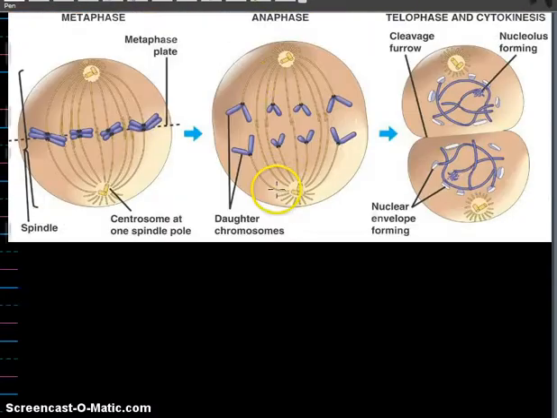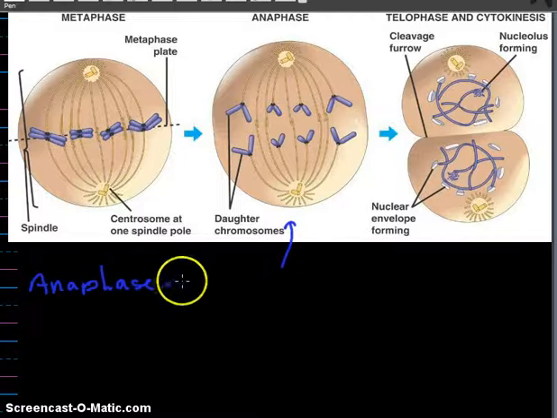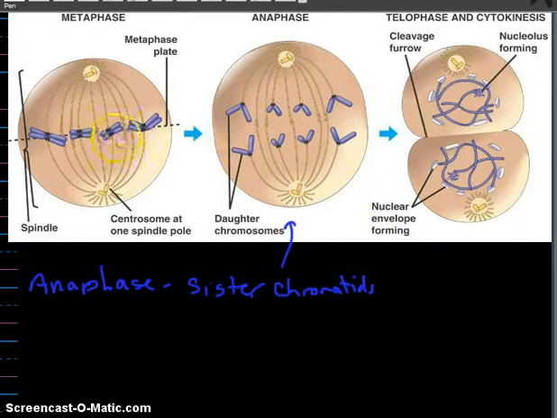In anaphase, so we stopped at anaphase, now we're going to talk about anaphase. So we're still in mitosis, we're still in the anaphase part of mitosis. So the sister chromatids, which are the duplicated chromosomes here.